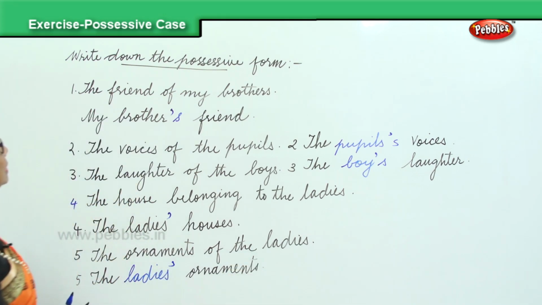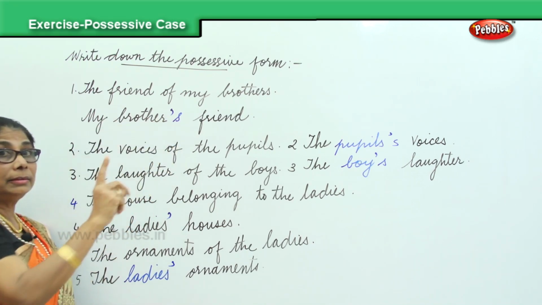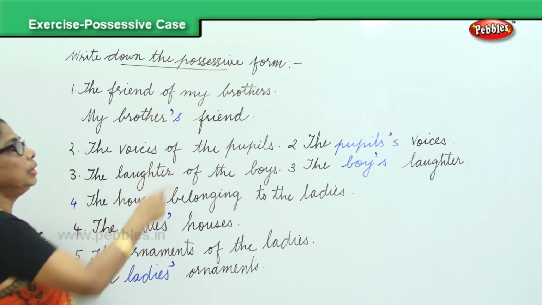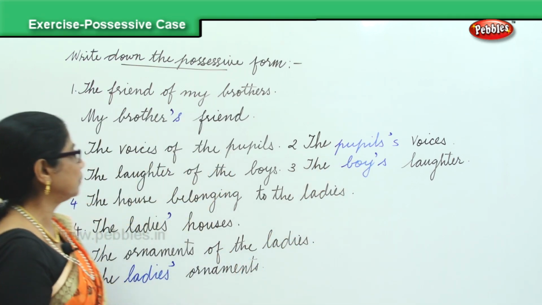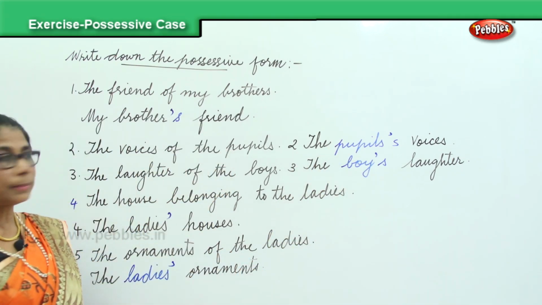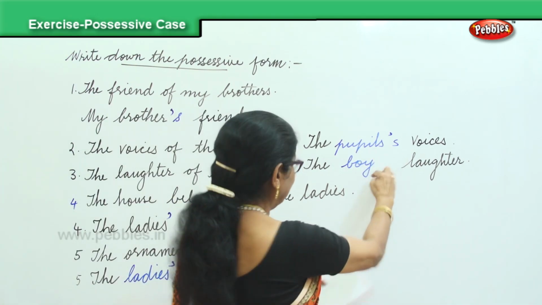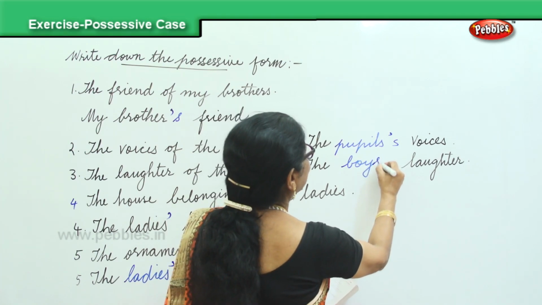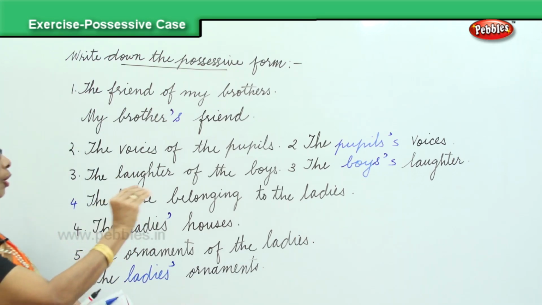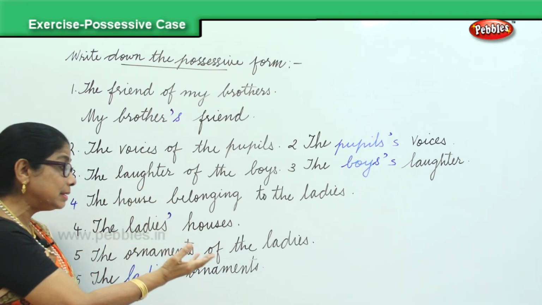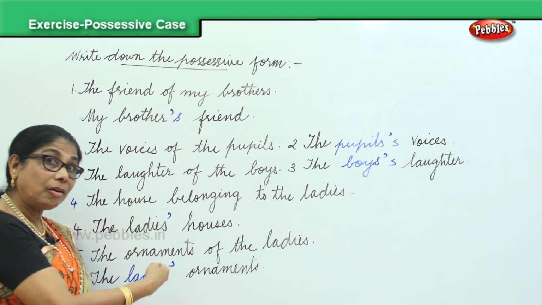Let's look at these sentences. The friend of my brother, my brother's friend, singular. The voices of the pupils, pupils plural, pupils' voices. The laughter of the boys, many boys are there, so the boys' laughter. The house belonging to the ladies, the ladies' houses. The ornaments of the ladies, the ladies' ornaments.